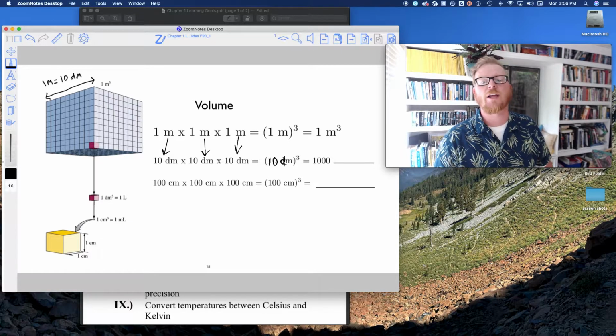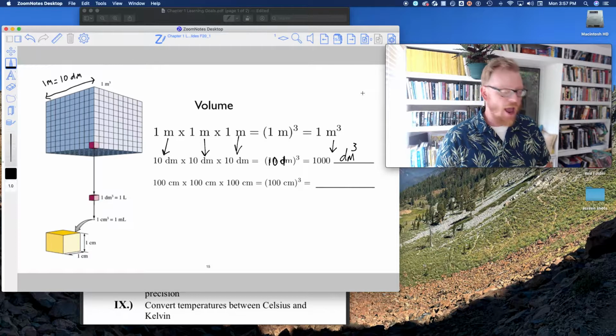decimeters. And so now look, when I do this math, 10 cubed is 1,000, okay? But a decimeter cubed is a cubic decimeter. So 1,000 cubic decimeters is the same as 1 cubic meter. All right?